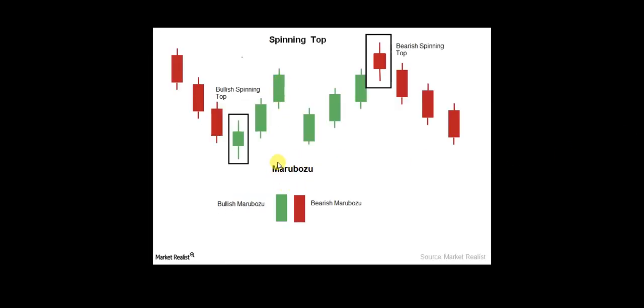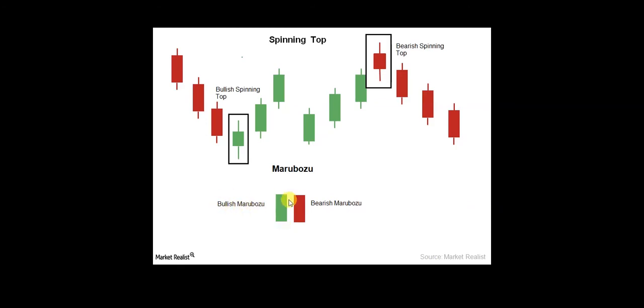And then, finally, we have Marubozu. As I said, Marubozu is a type of engulfing pattern, but in the Marubozu candlestick we don't see any shadows.